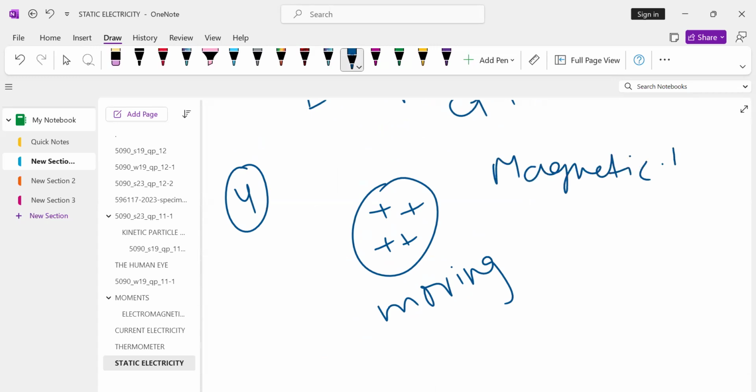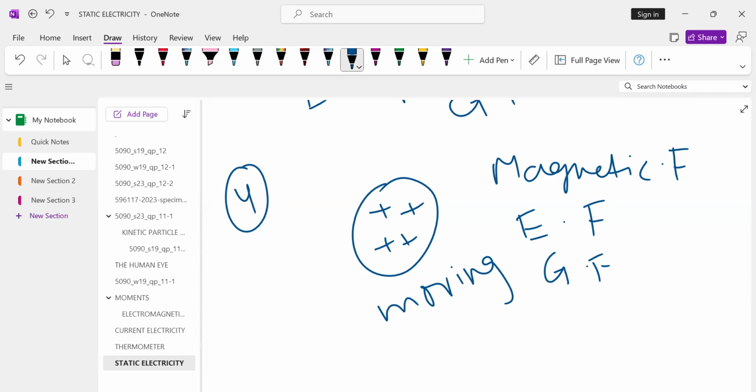Magnetic field formed and electric field formed, as well as gravitational field formed because it has mass. Due to mass, gravitational field is formed. Due to the charged body, electric field is formed, and due to movement with a charged body, a magnetic field is formed. So if a body is massless, it has no gravitational field.